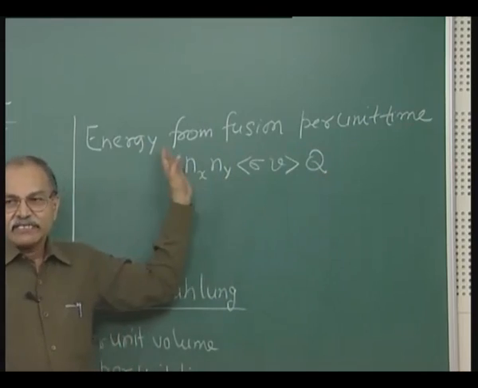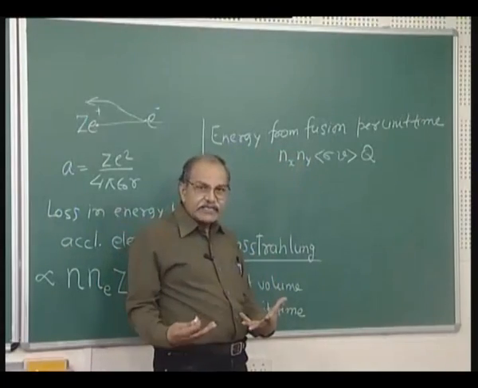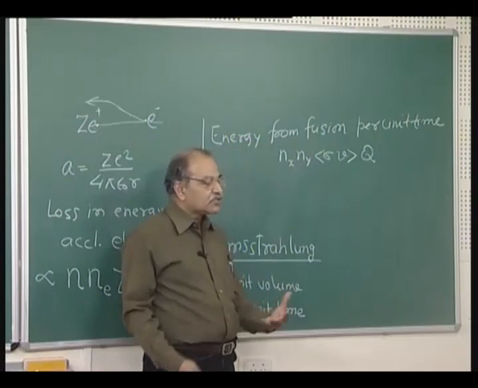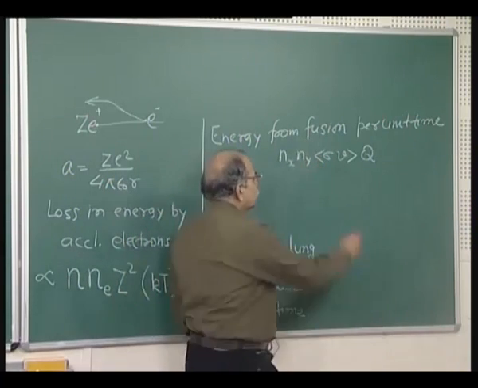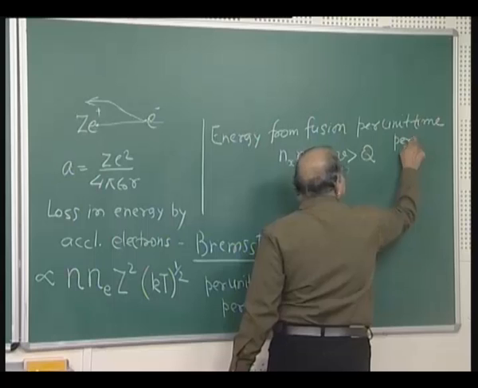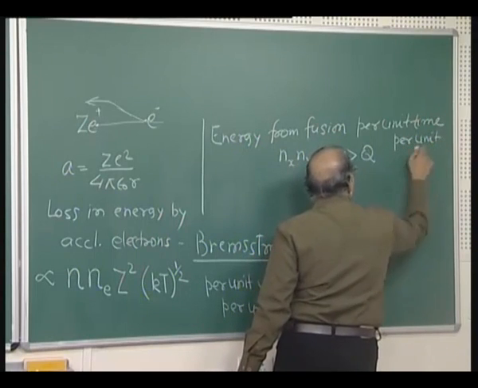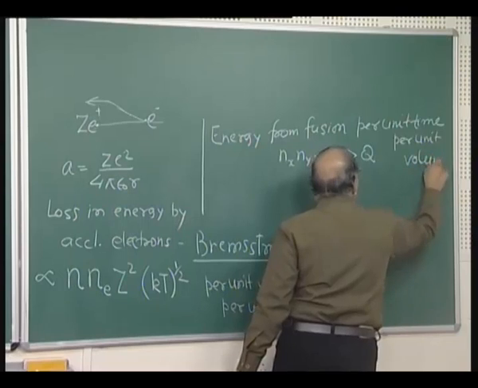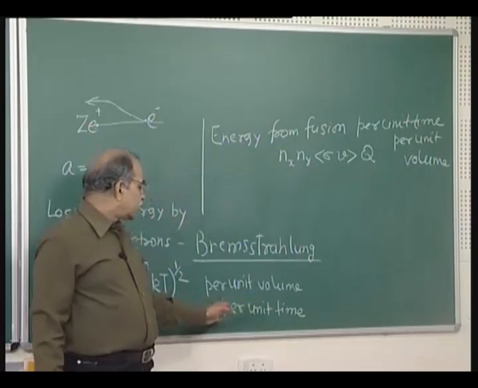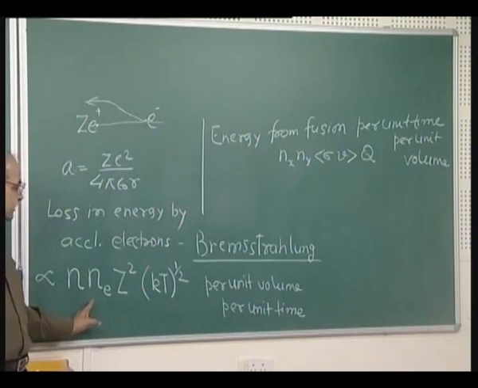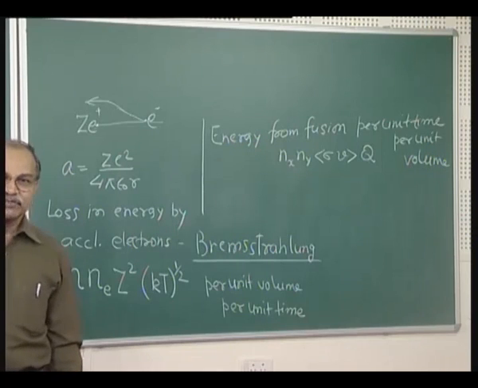So, this is the energy generated in this fusion reaction in that plasma per unit volume per unit time. And that should be larger than this loss that is occurring because of this Bremsstrahlung.